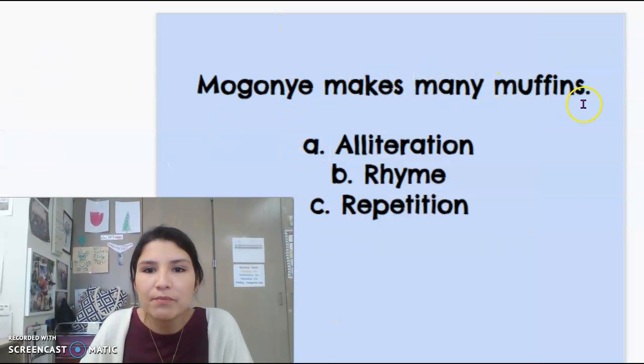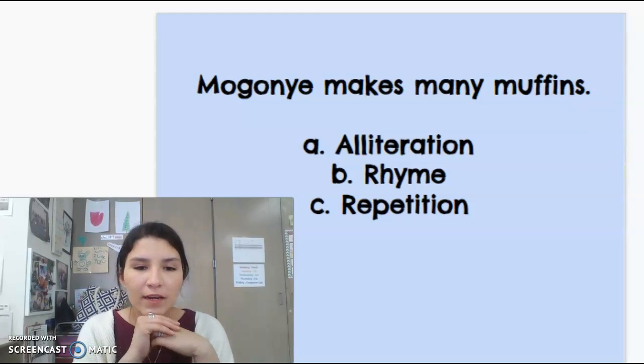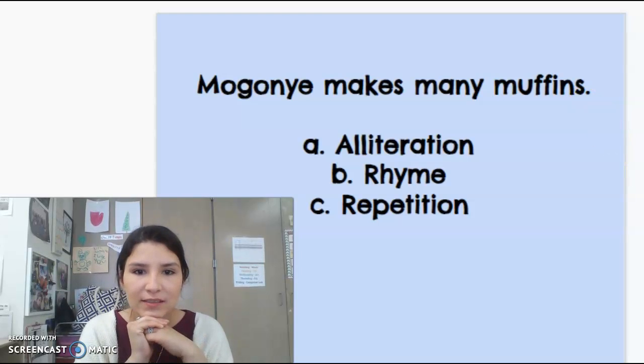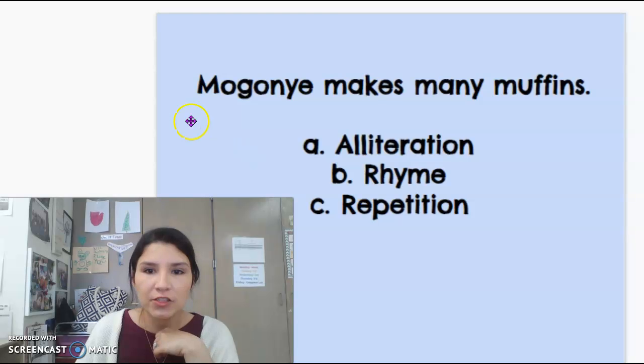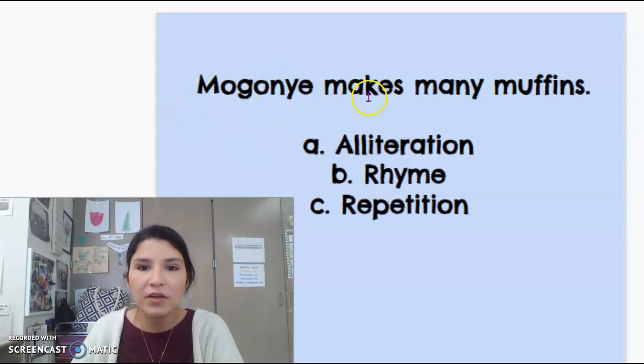Magoni makes many muffins. What element of poetry is this? Is it A, alliteration, B, rhyme, or C, repetition?